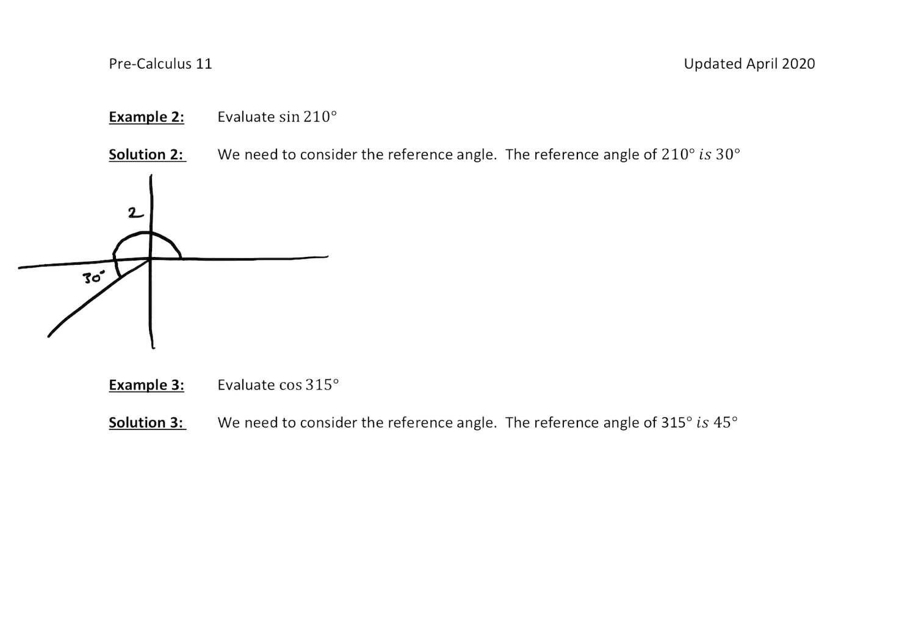So that whole thing's 210, and just that little bit's 30. So your reference angle for 210 is 30 degrees. Now you're looking for sine, right? And you can see here that we're in Q3. So when you're in Q3, sine is negative, right? And here you have a special triangle.